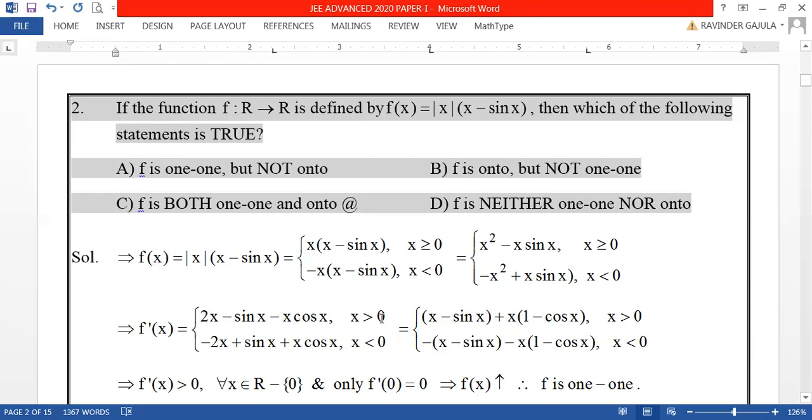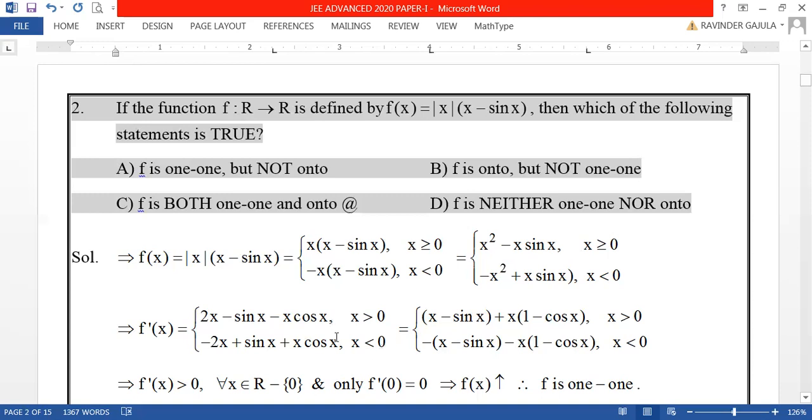Because when you are going for differentiation at 0, it cannot be considered unless we go for left derivative and right derivative. So I am not considering equality here. Differentiating this one: 2x minus sin x minus x cos x for x greater than 0, and minus 2x plus sin x plus x cos x for x less than 0.